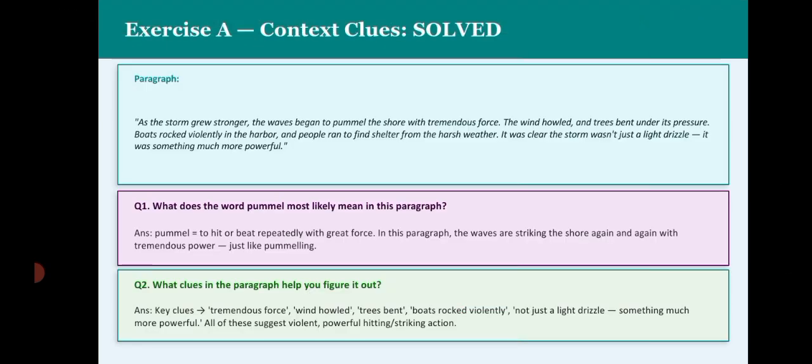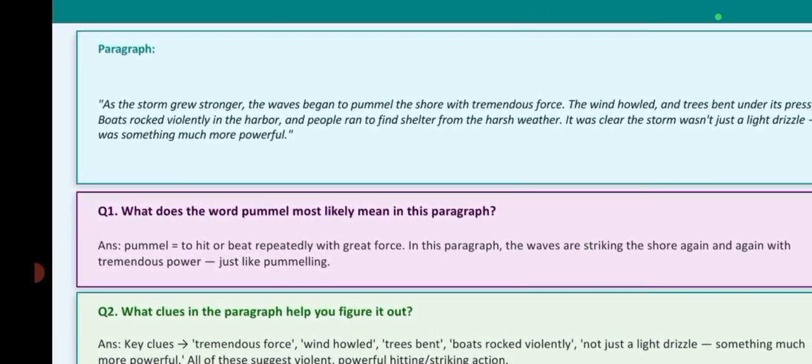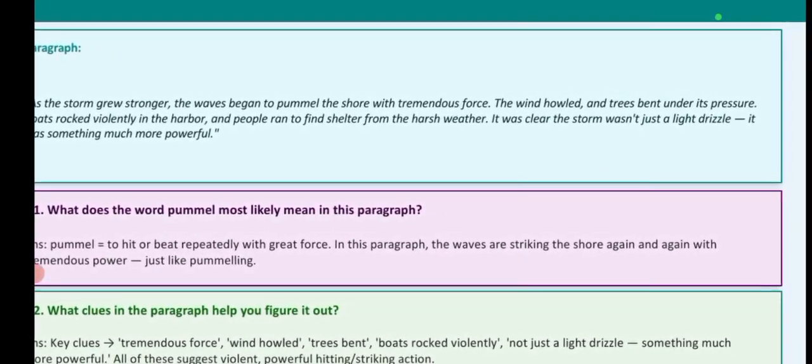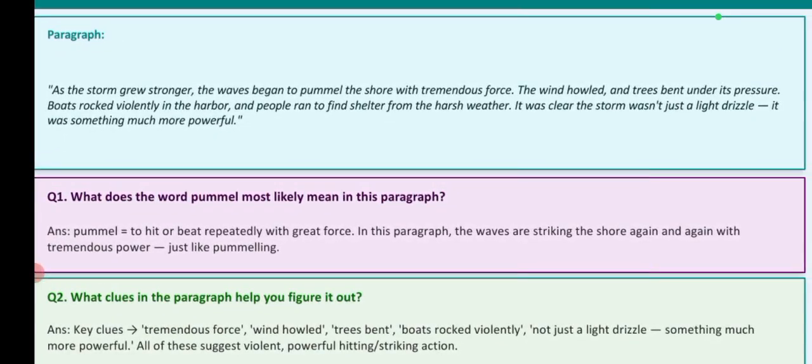Next is the activity, in which you are given a paragraph and asked to derive the meaning of a new or unfamiliar word. As the storm grew stronger, the waves began to pummel the shore with tremendous force. Now in this sentence, pummel is a new word to which you are not much familiar.